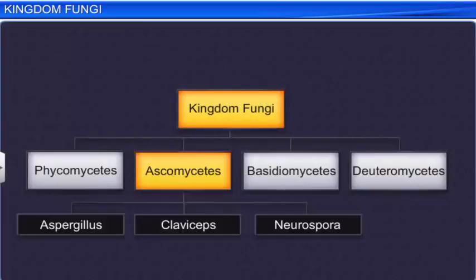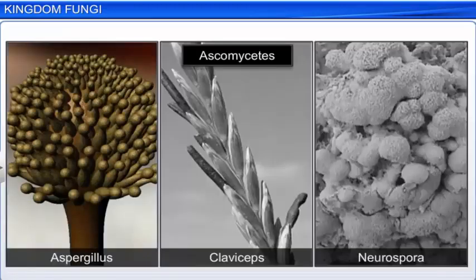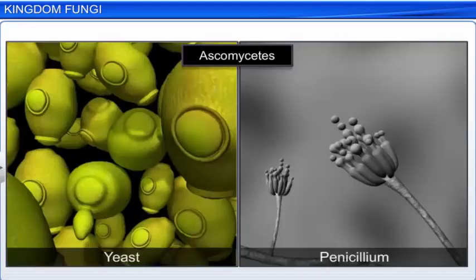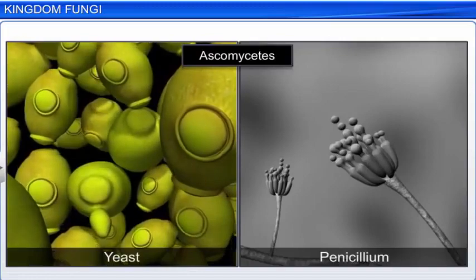Members of the Ascomycetes class are commonly known as sac fungi. For example, Aspergillus, Claviceps, and Neurospora. They can be unicellular like yeast or multicellular like penicillium.